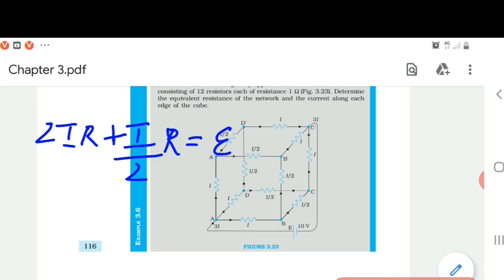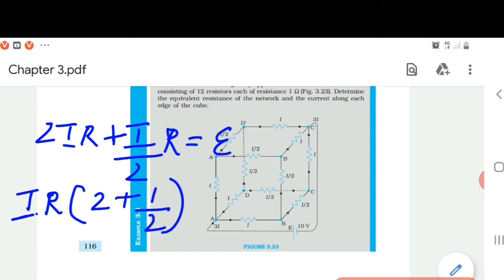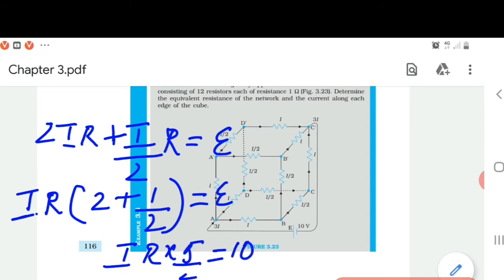Now we have IR, so we can simplify this. Take IR outside: 2 plus 1 by 2 equals epsilon. What is 2 plus 1 by 2? It is 5 by 2. So IR into 5 by 2 is equal to epsilon, which is 10. Solving this equation, because R is 1, I is equal to 20 by 5 into R, and R is 1.